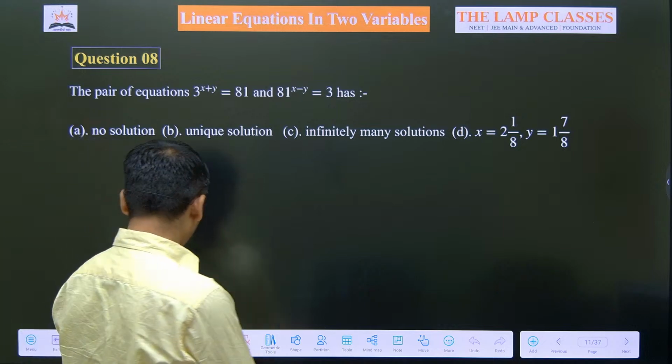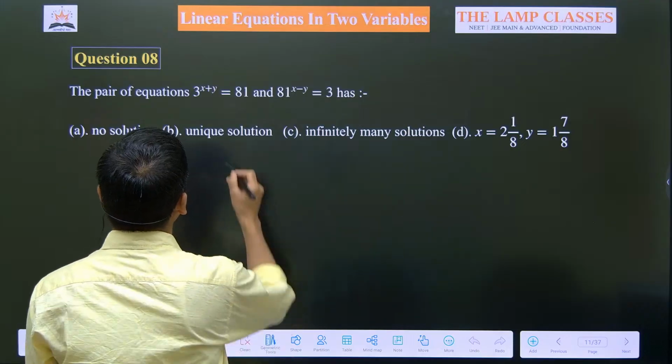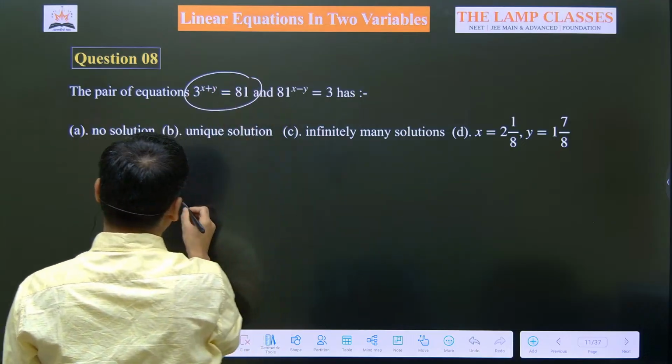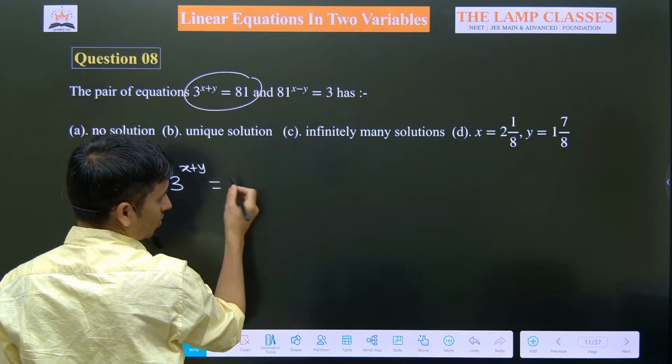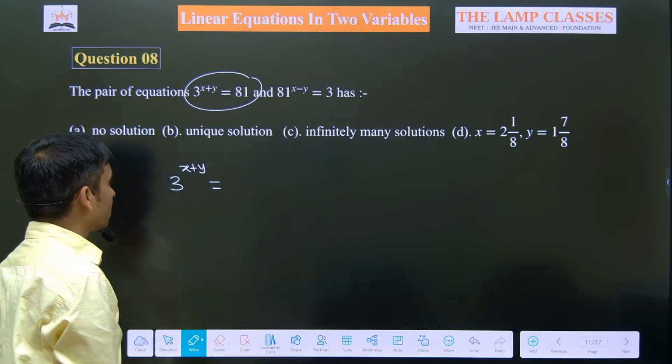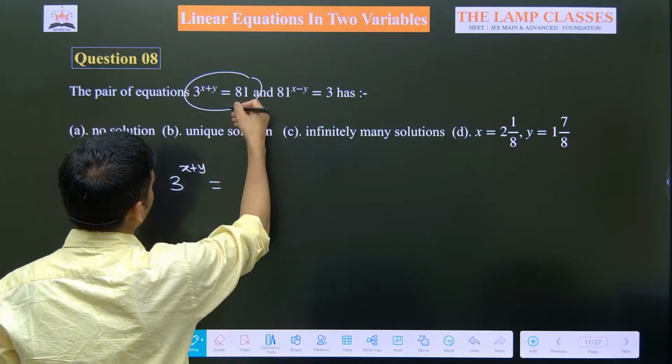So we have to understand a simple concept of exponents. Law of exponents, right? Here this tells you that we have 3 raised to x plus y, and the right hand side is 81. So it's very obvious based on our own experience that we have to equate the exponents by making the base the same.